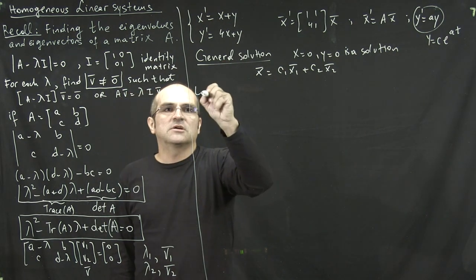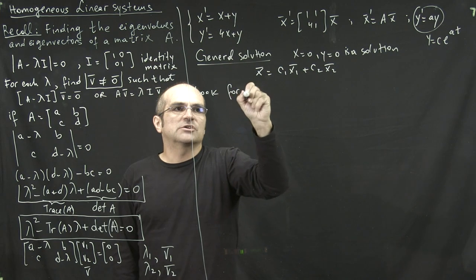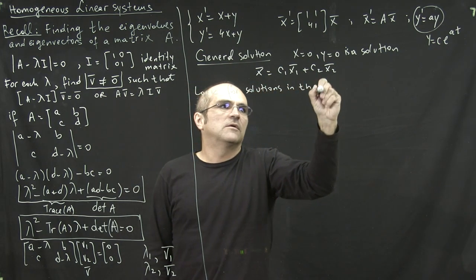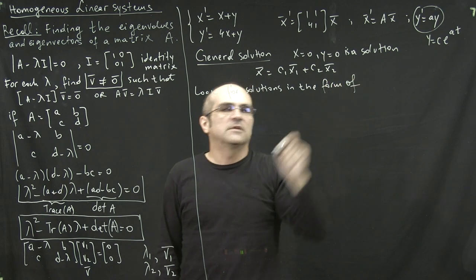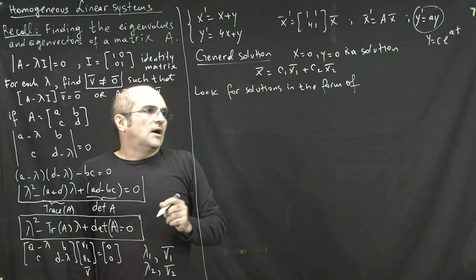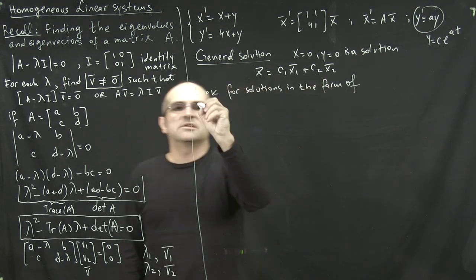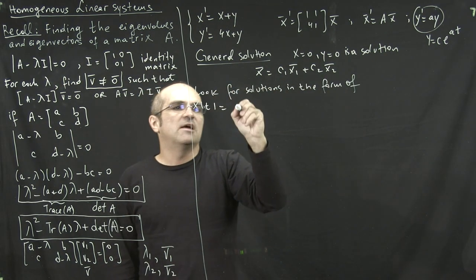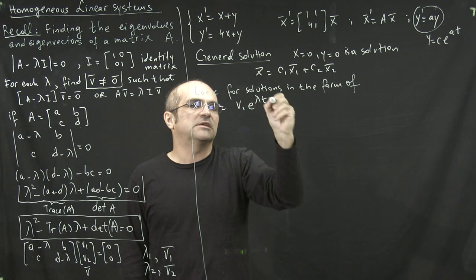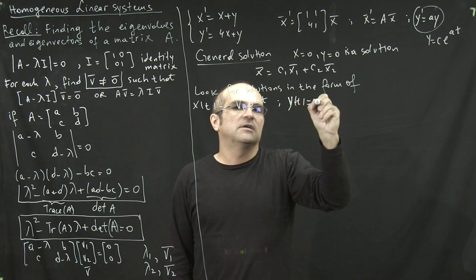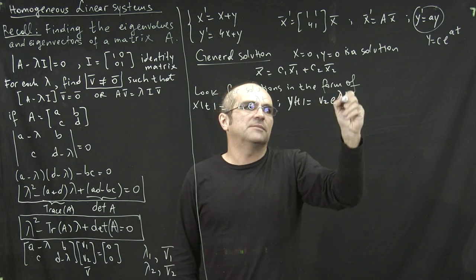So let's look for solutions in the form of x of t equals v1 e to the lambda t, and y of t equals v2 e to the lambda t.